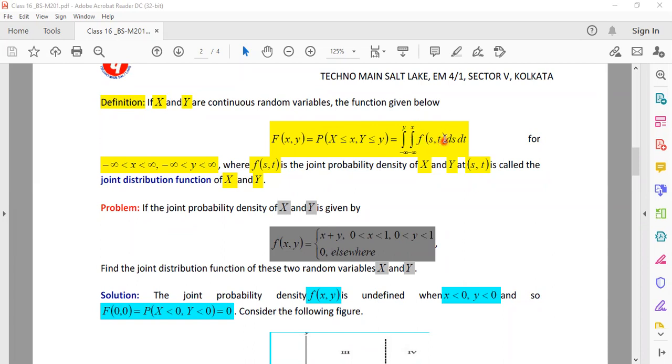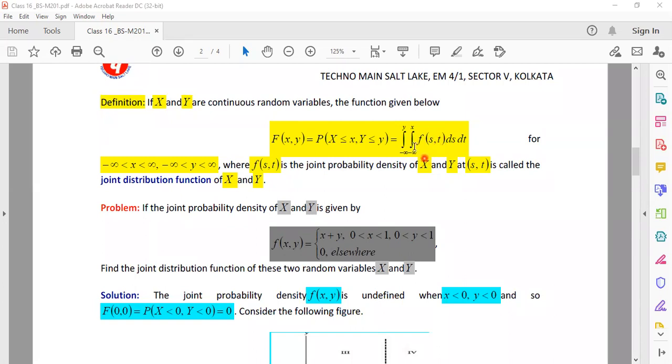And here I'm renaming the variables as follows: I'm considering small s in place of small x and small t in place of small y. And I'm rewriting this particular function in terms of s and t, the two new variables.